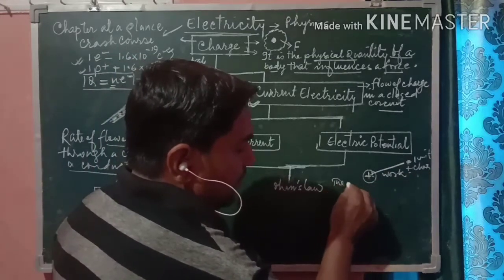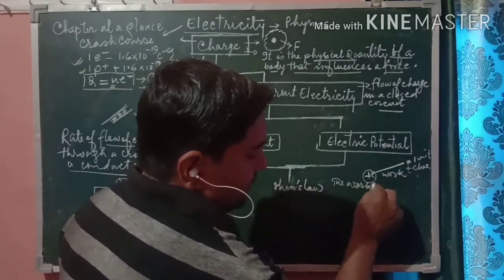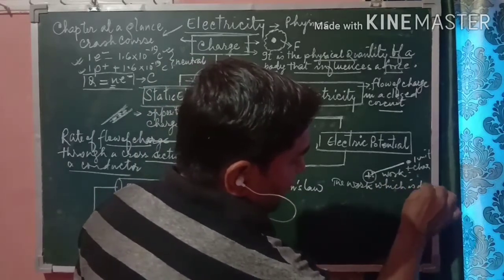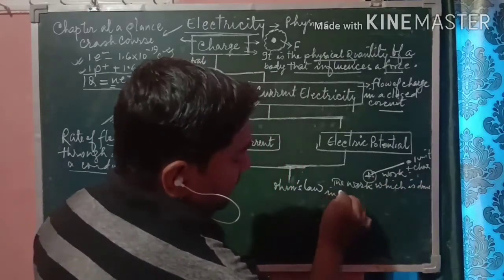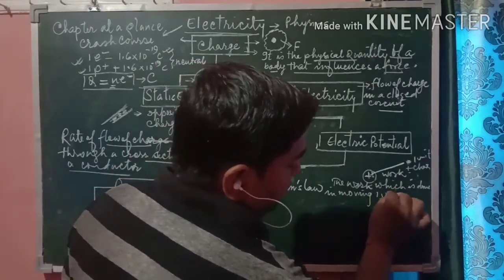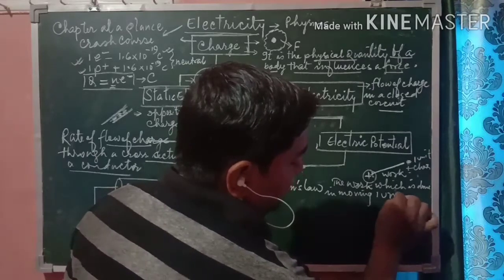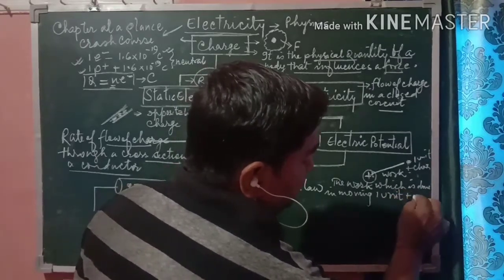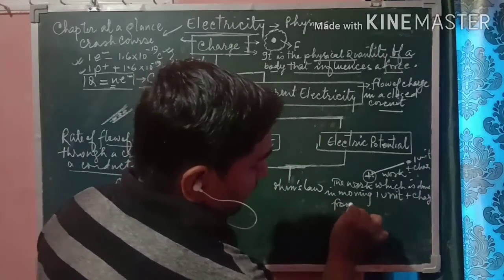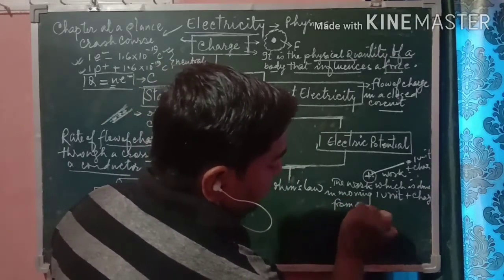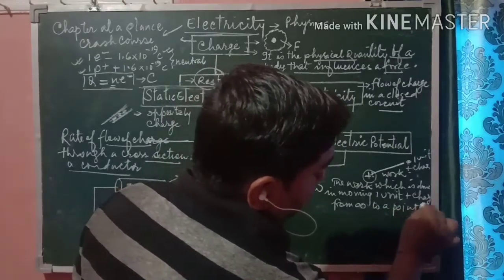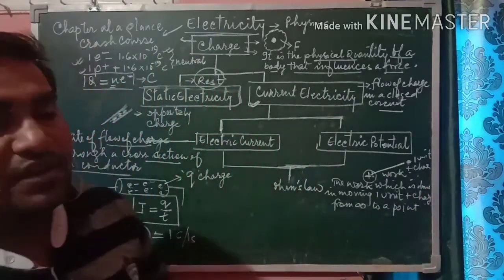The work done in moving 1 unit, remember students, 1 unit positive charge from infinity to a point is known as the electric potential.